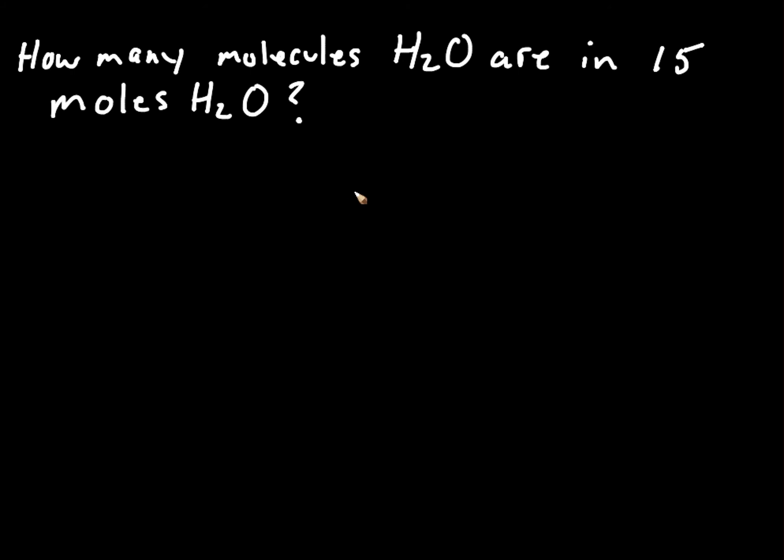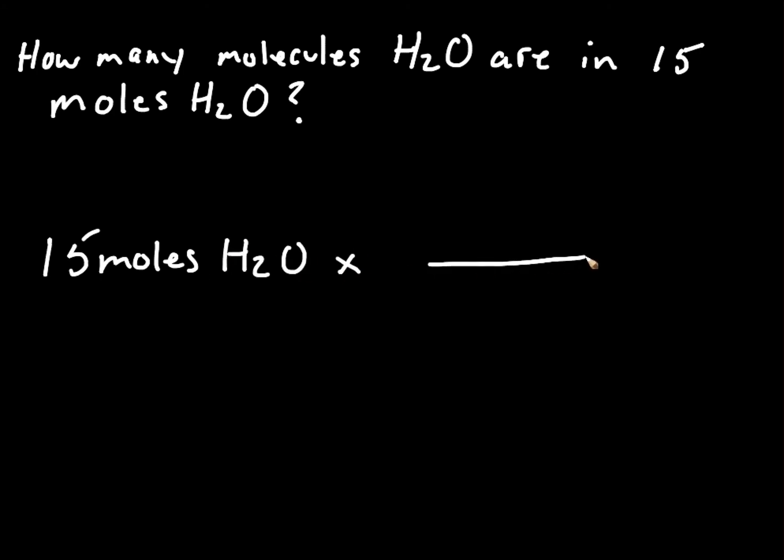Okay, so just like every dimensional analysis problem we've done since September, we're going to start with what we know. And we know we have 15 moles of H2O. Now, we want to go to molecules, so molecules will be in your numerator. And then 1 mole will be in your denominator.